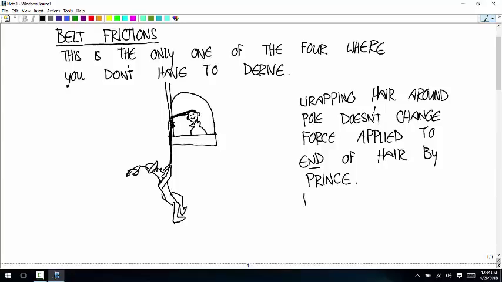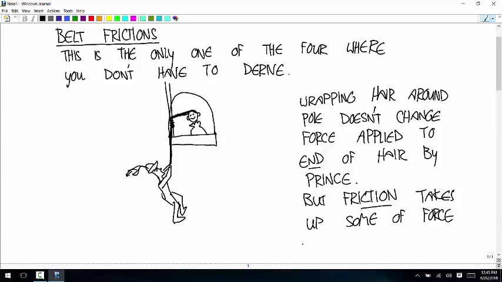So the friction, this belt friction, takes up some of the force required for equilibrium.